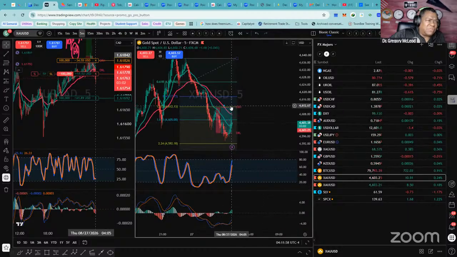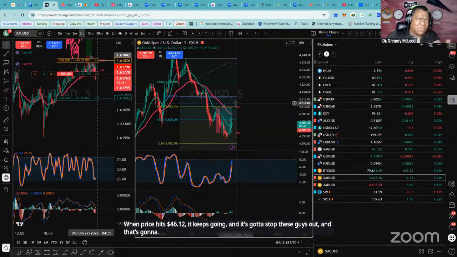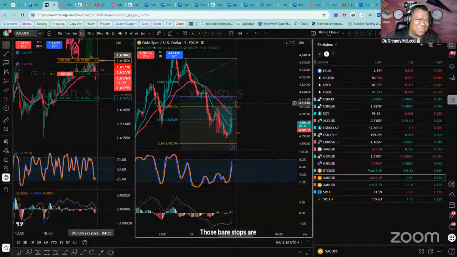I'd rather see it. Cause look, he gave a sell signal right here. Because these guys, we're not the only ones using the system. So they have a stop right here at 46.12. When price hits 46.12 and keeps going, it's going to stop these guys out. And those bear stops are really buy orders, right?